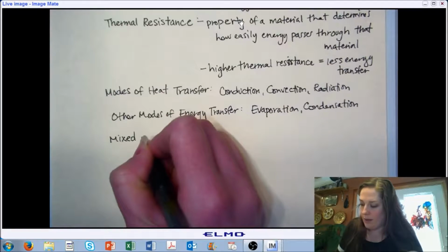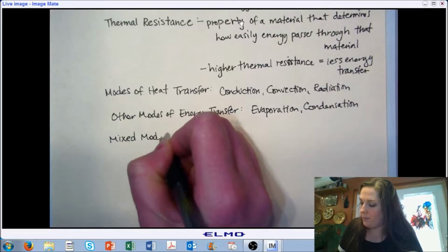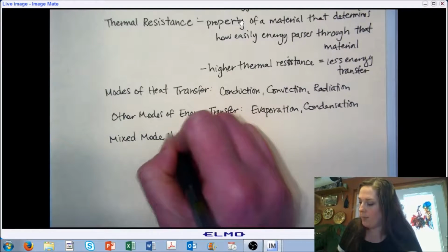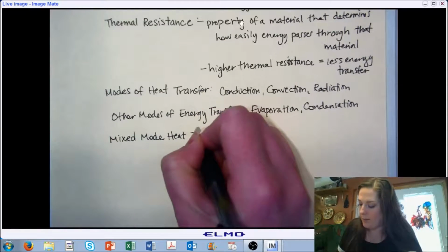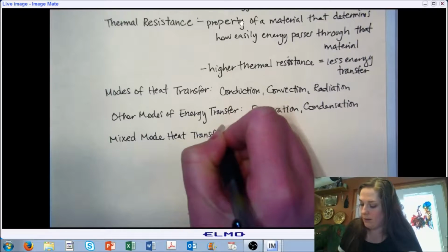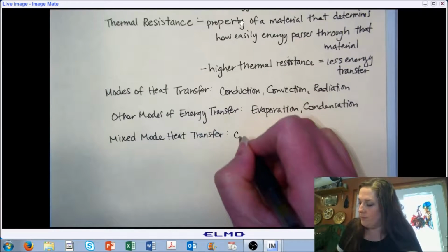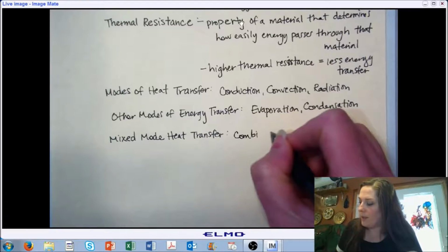And in reality, our modes of heat transfer are happening simultaneously, so we need to be able to handle them simultaneously. We call that mixed mode heat transfer.